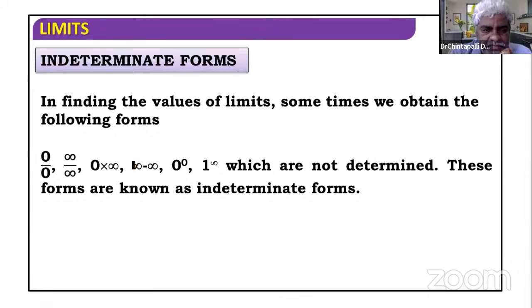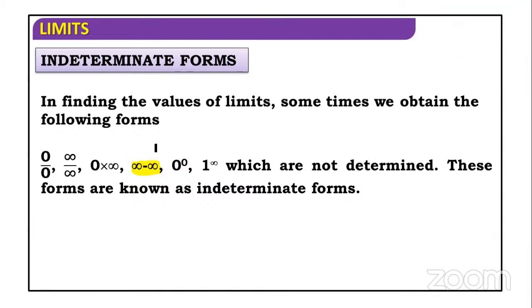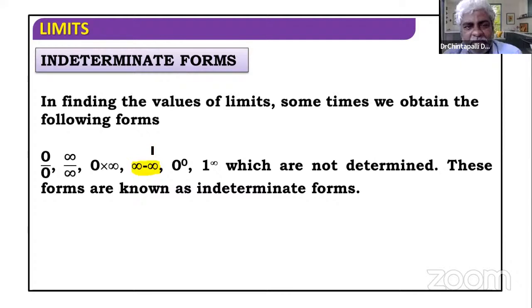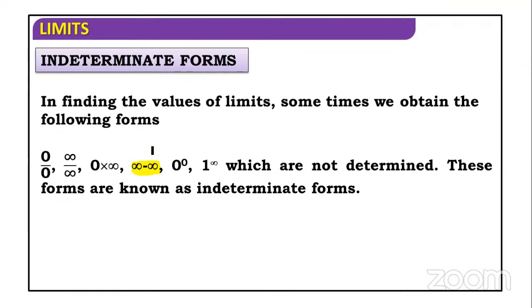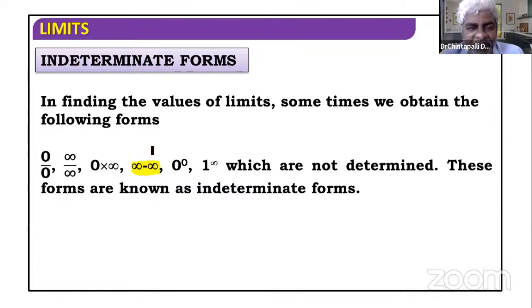Infinity minus infinity is undefined. It can't be 0. Generally, we get 0 when we subtract a value from the same value, but here infinity minus infinity is not 0, and no one knows the value of infinity minus infinity.